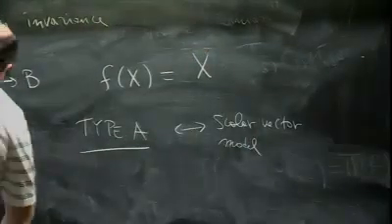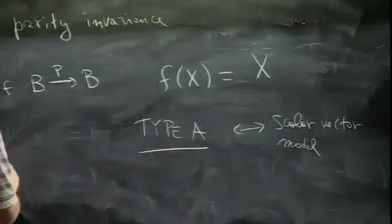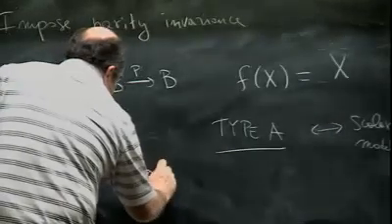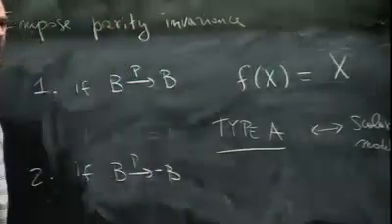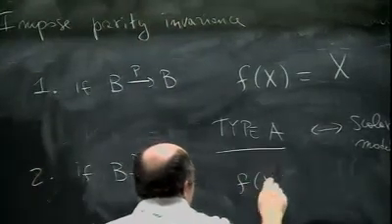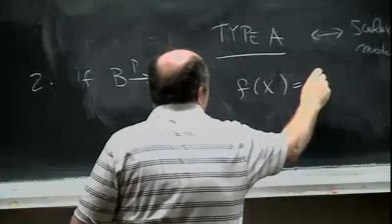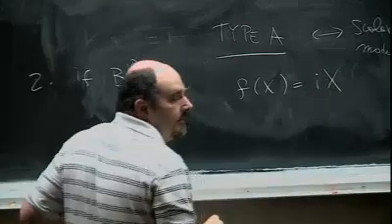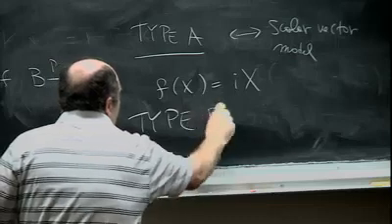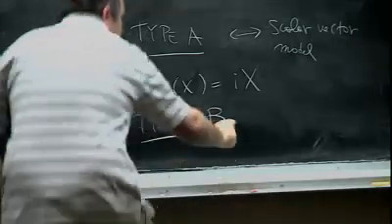Okay, if you instead require that B changes sign, that B is a pseudoscalar, then parity invariance of the equations fixes f of x to be i x. This is the type B theory, which is dual to the fermions.